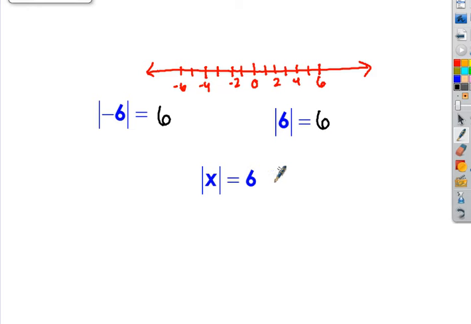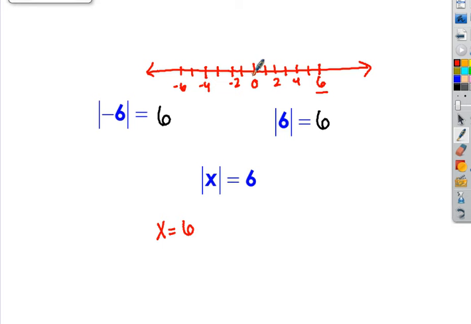So, you all are going to be solving equations, and what you do when you solve equations is you try to figure out what x has to equal to make this happen. So what I'm doing is, okay, I'm saying x is 6 away from 0 on the number line. So what two numbers are 6 away from 0 on the number line? Well, 6 this way is +6, so x could be +6.